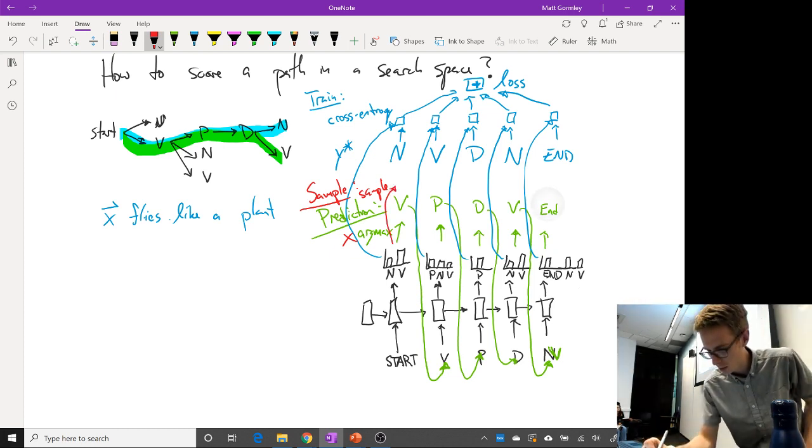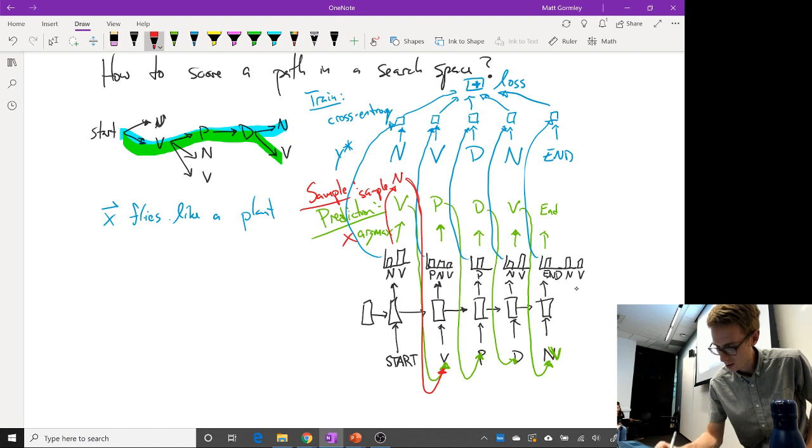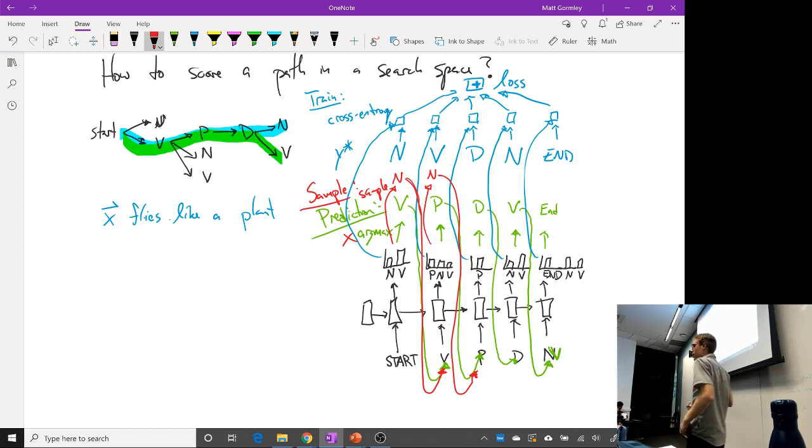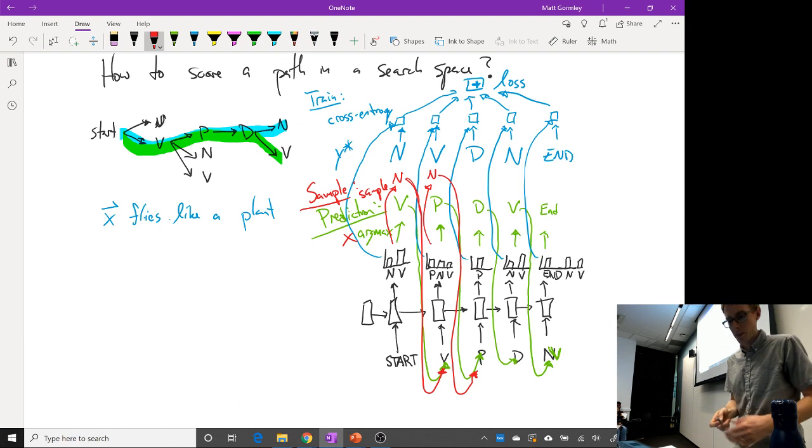Maybe we randomly pick an n, and then we feed that n back in down here. Then we randomly pick, say, another n, and feed that back in down there, and so on down the line. Mechanically, it looks kind of like following a greedy policy, except that instead of taking an argmax, we're taking a sample at every step.